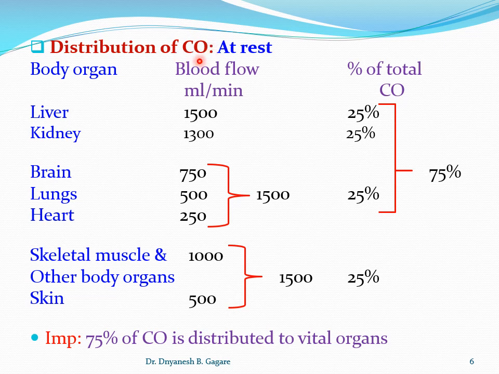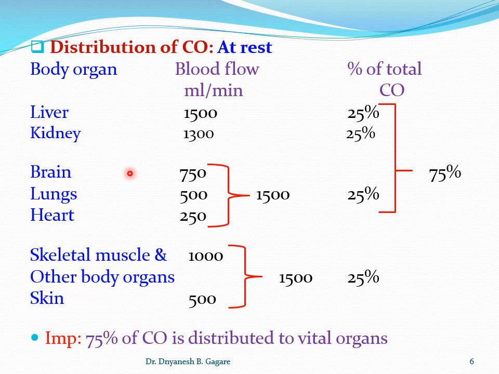For example, our cardiac output is 5 liters. So how are the organs taking the blood of this total cardiac output? So see, in this slide, body organs, then blood flow per minute, and the percent of the cardiac output. Okay, so it's a very important slide.